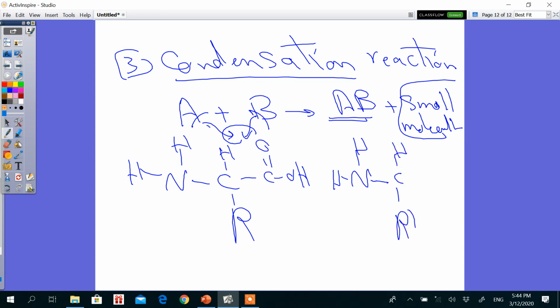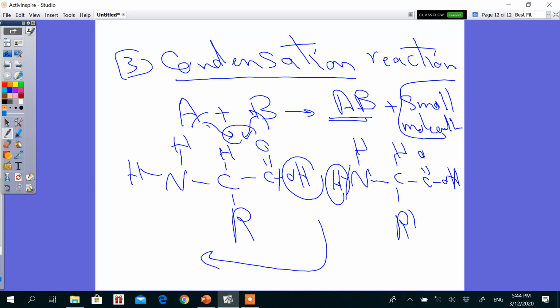In your book, that example exists, and it is C double bond O, OH. So if we want to add them to each other, we must extract a small molecule, as we said before.